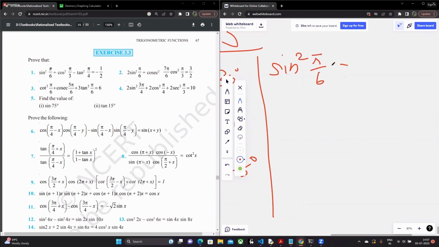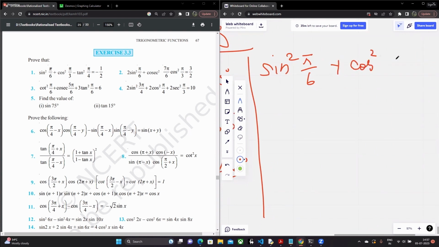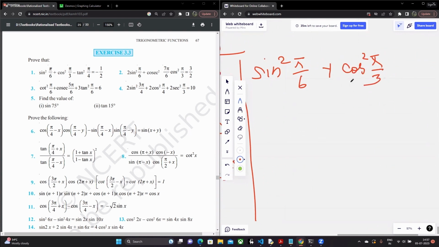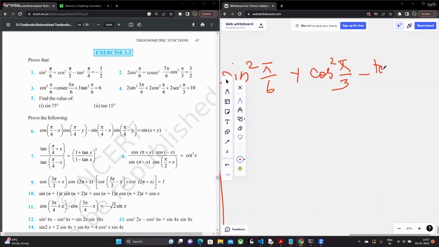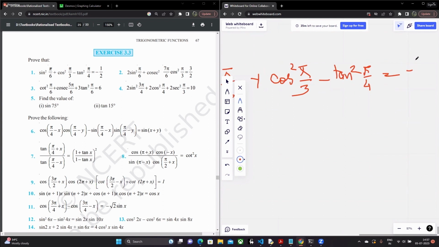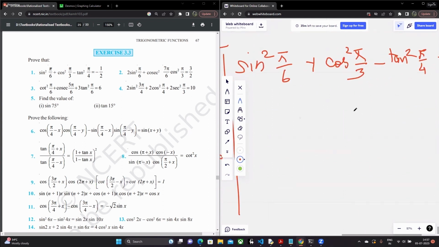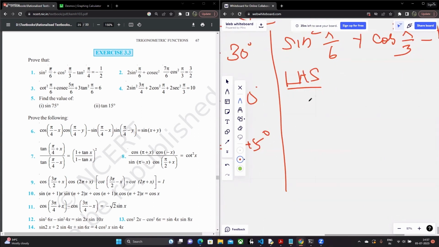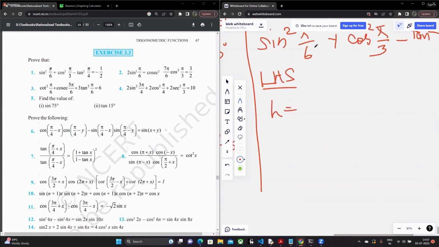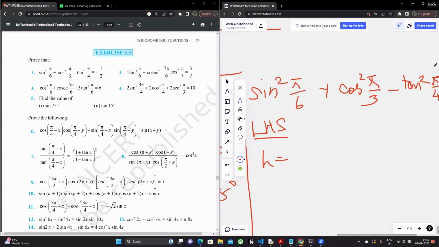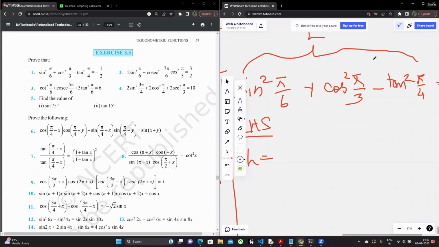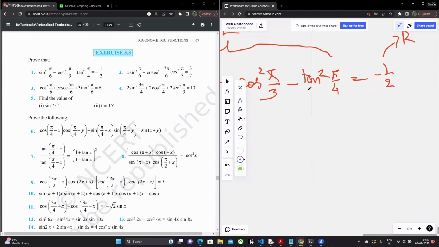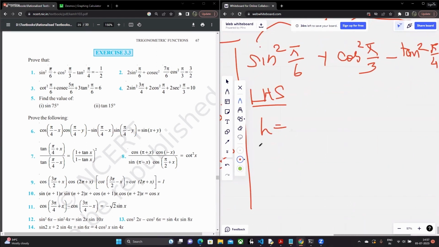So it's sine squared pi by 6 plus cos squared pi by 3 minus tan squared pi by 4 being equal to minus 1 by 2, right? So I'll take the LHS first. Let the LHS be equal to L. This whole expression, let it be equal to L, and this value, let it be equal to R. Just for simplicity's sake, for me to write an equation properly, right?